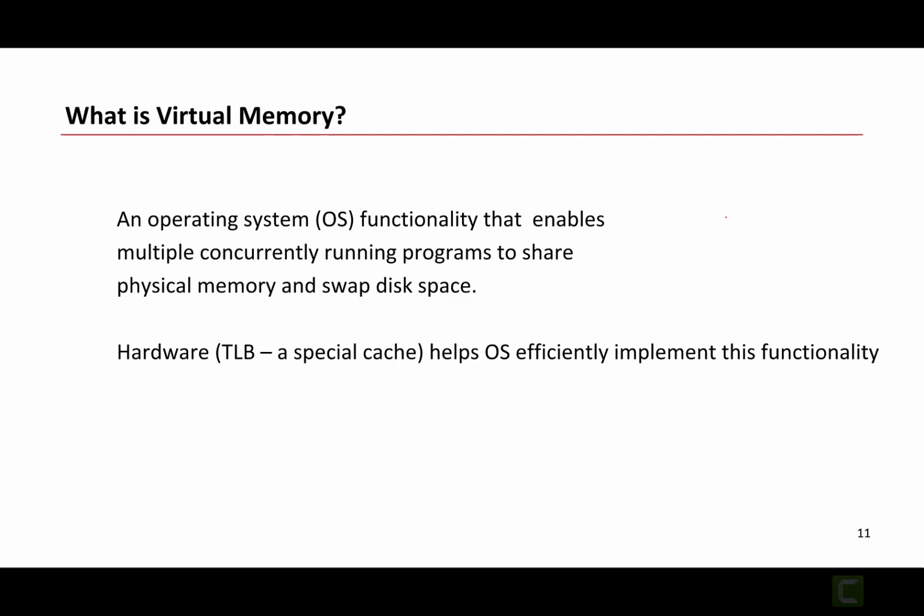And so virtual memory is an OS functionality that allows these multiple programs to share the hardware resources without stepping on each other. Okay, so it's not only the fact that a program's data is managed by the operating system, but it's also going to manage multiple programs that are running on the computer and their data at the same time.